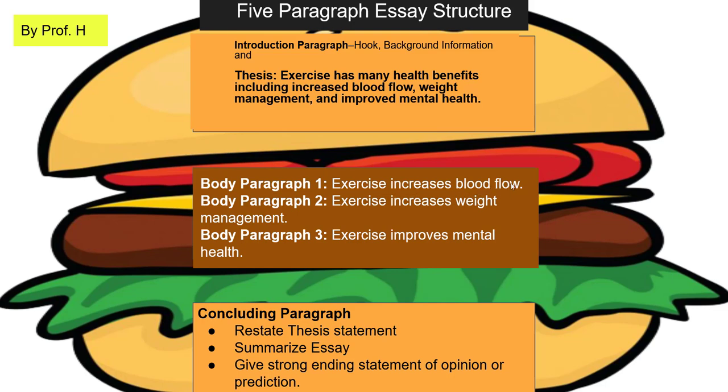Then you're going to write something like 55% of doctors indicate that exercise increases blood flow. Every time you use any kind of numerical data, you have to cite the source. So that becomes your in-text citation.